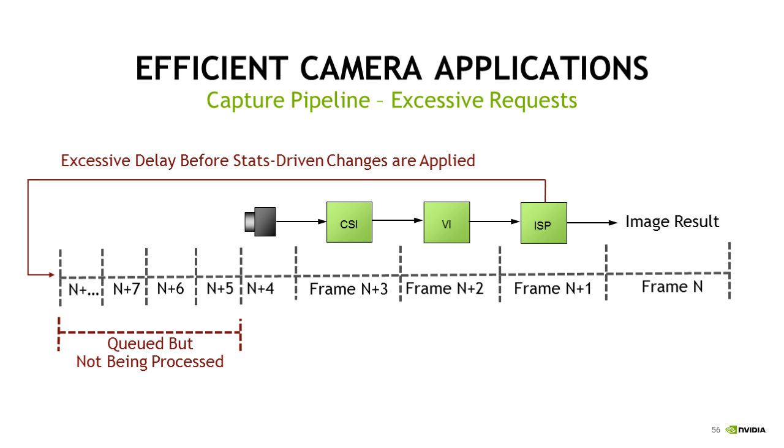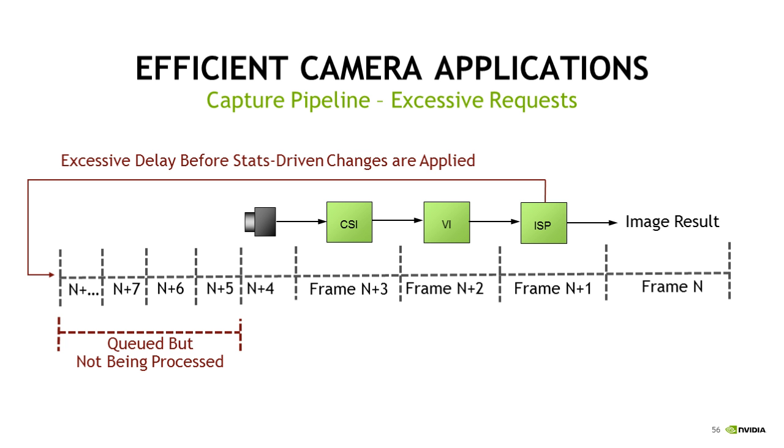One approach could be to just keep a very large number of requests in the queue to ensure that the capture pipeline is saturated regardless of the specific system conditions. But this approach introduces its own problem. As we showed in an earlier example, image statistics may be used in a feedback loop to control the capture settings of future requests, such as for auto exposure or white balance routines.